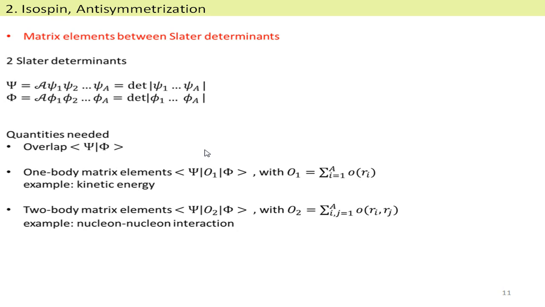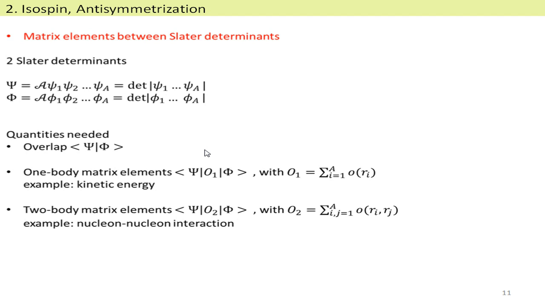Okay, so we have basis functions, and as usual in microscopic physics or in theoretical physics, we need to be able to compute matrix elements between these functions. So we have Slater determinants, and we would like to compute different matrix elements.